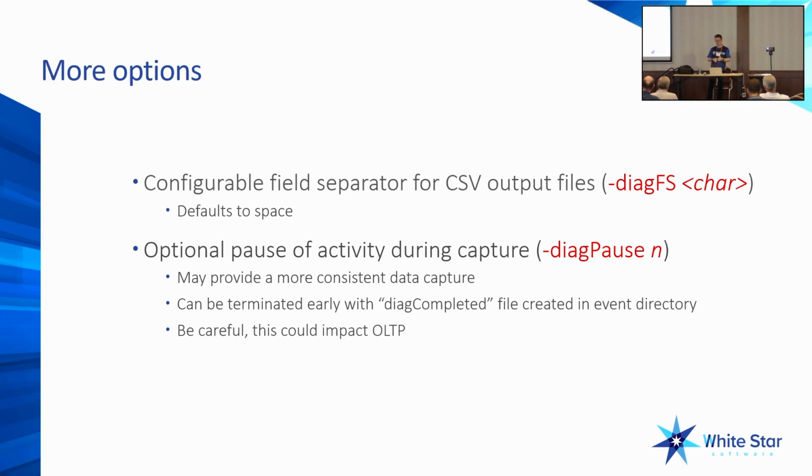The idea behind this is that resources are held by those users during that pause, and you can get a more complete or more, what's the word I'm looking for? More consistent. Thank you, Tom. You read my mind. More consistent snapshot of the data than if activity had been continuing.